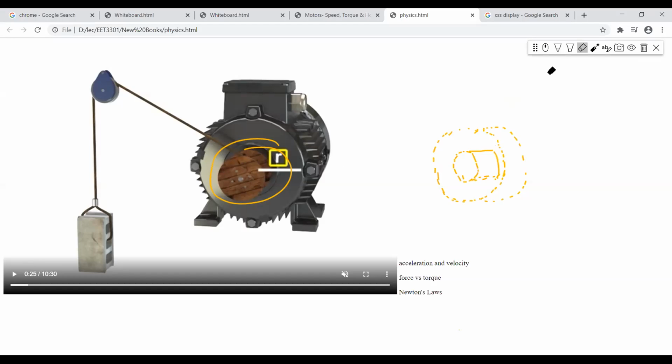So the rope is going around this one, right? So it's going to wrap around this one, and as the pulley rotates, it's going to wrap this rope around itself, right? So there are several turns, right?